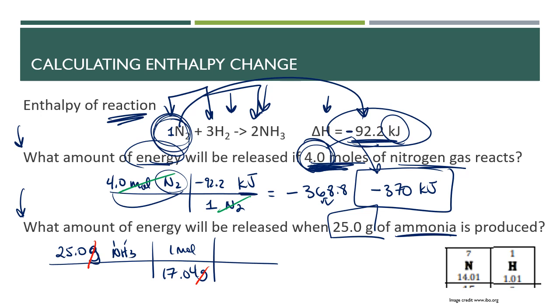Grams top and bottom cancel out. We now have moles of ammonia. As soon as we have moles of ammonia, we can use our delta H just like it's part of the mole ratios. I'm going to put ammonia on the bottom. I'm going to put kilojoules on the top. Check the coefficient for ammonia.